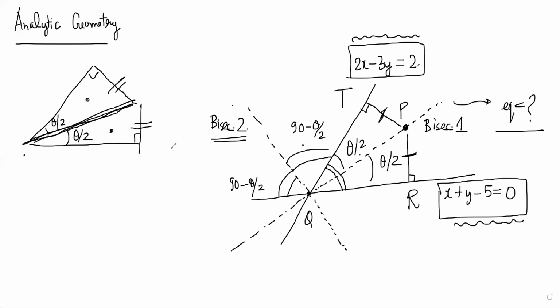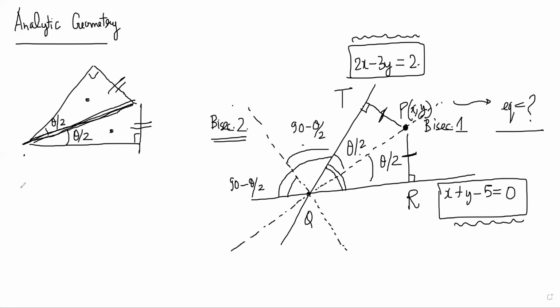So how does that help us in finding the equation of the two bisectors? It is obvious, because if P is my x comma y now, then I can say that I have learned how to write the distance from point P to this line, right?